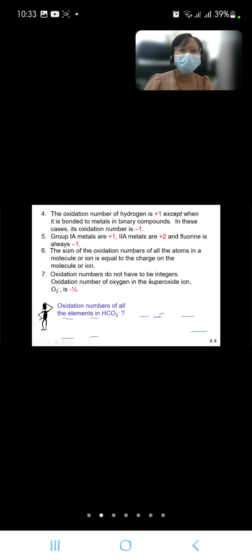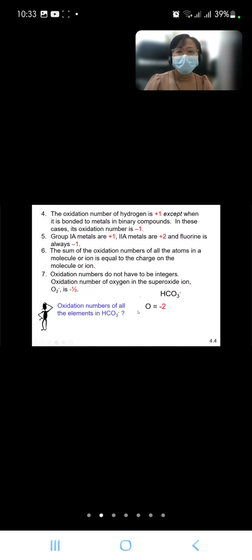Okay, so for example, what is the oxidation number of all the elements in hydrogen carbonate? Meaning, what are the oxidation numbers of hydrogen, carbon, and oxygen?